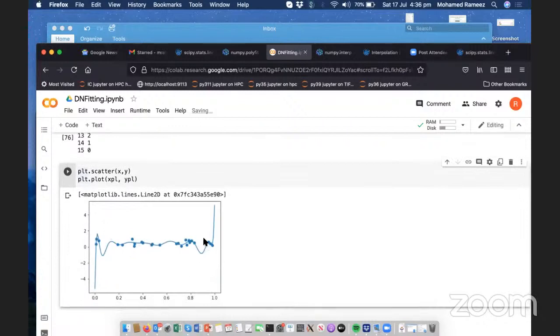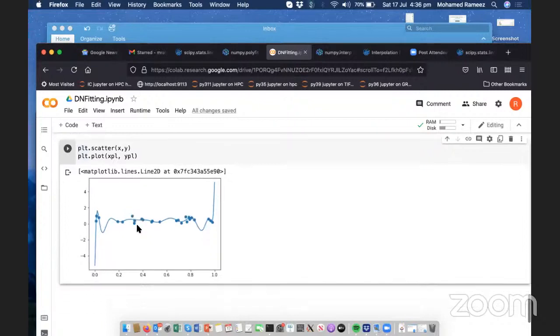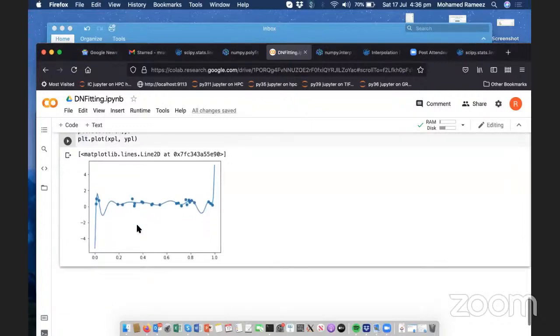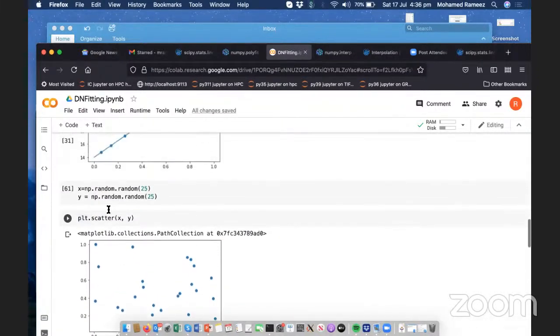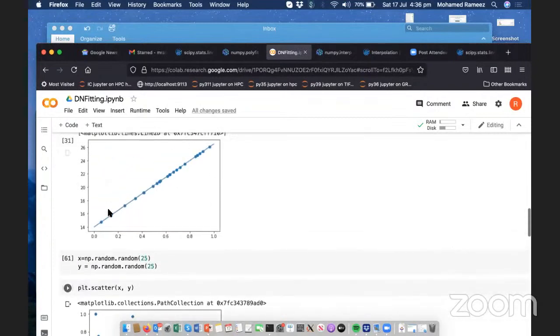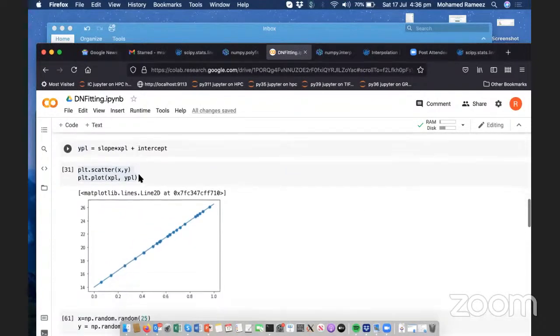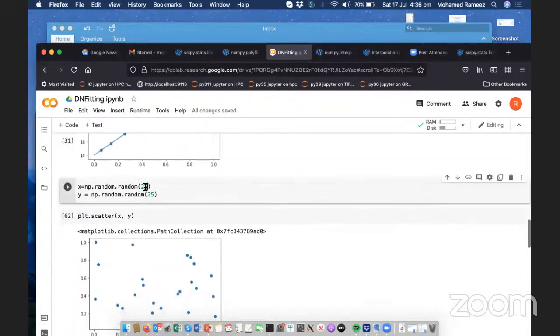You see, it tries to go through all of these points equally. Now, the thing to note is that if you have 2 points, you can fit a line to it. If you have 3 points, you can fit a second-degree polynomial. This is again simple coordinate geometry.